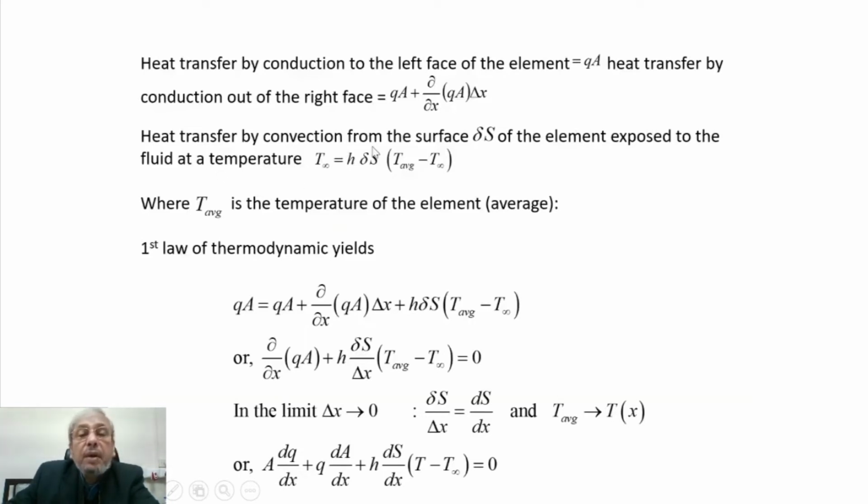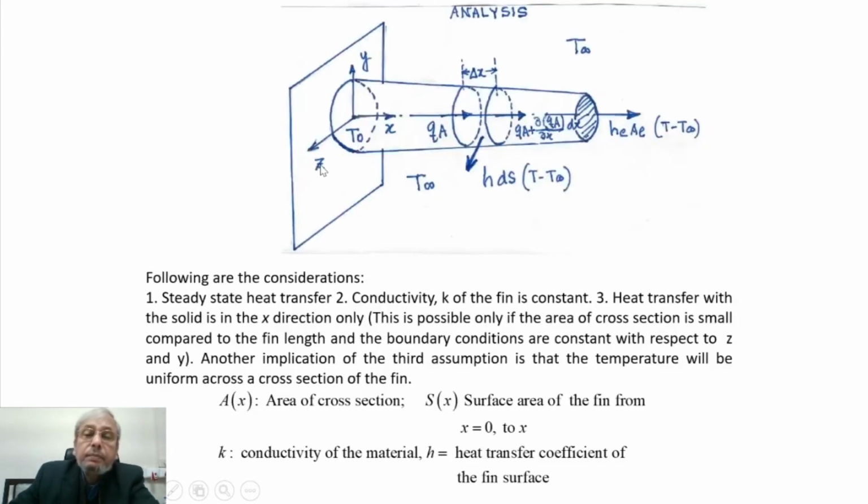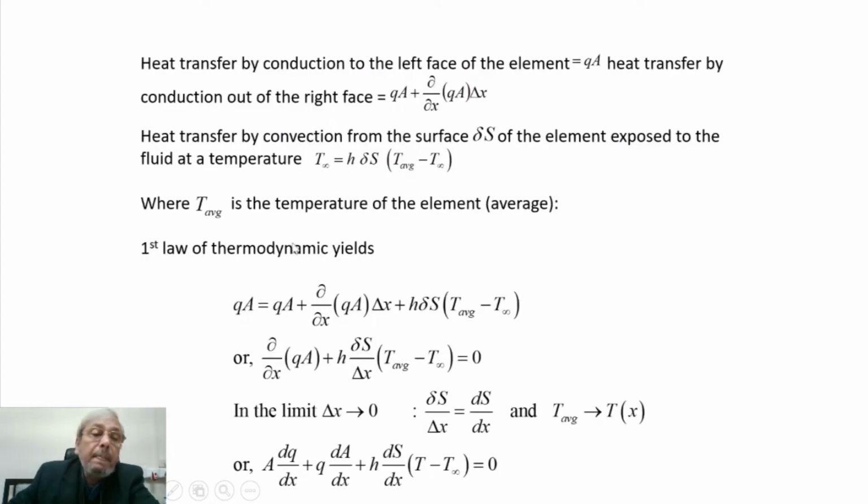Heat transfer by convection from the surface dS of the element exposed to the fluid at a temperature T infinity. So local fluid temperature is T infinity. That means h into dS, the surface area through which convective heat transfer will take place, into T minus T infinity.